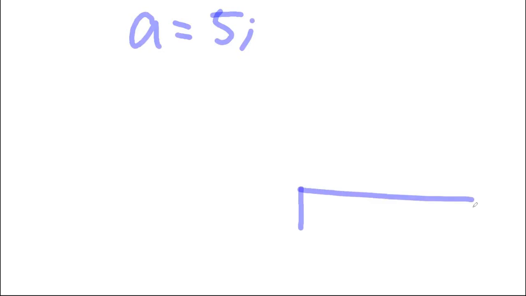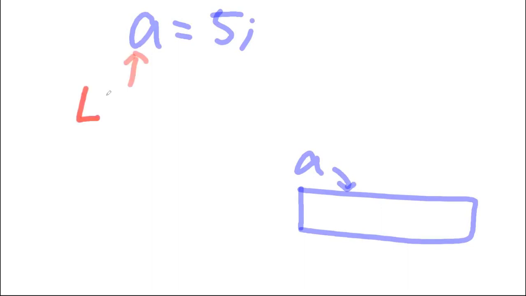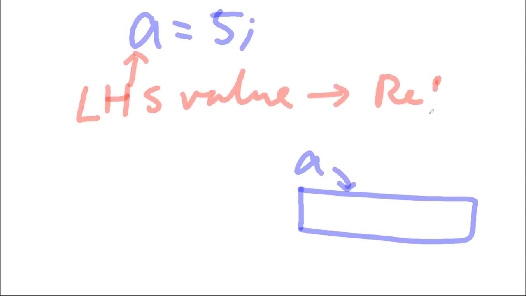And if we have a equals 5, after a equals 3 got assigned, your variable a is pointing to here. In fact, this one we call left-hand side value. It is also called a reference. So in fact, this 5 is assigned to here.